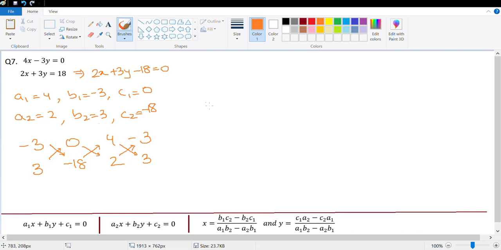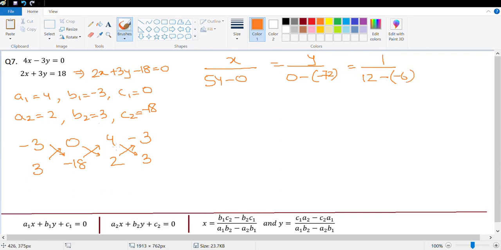When I cross multiply, I get x upon negative 3 into negative 18, that's 54. 3 into 0, that's 0. y upon 0 into 2, that's 0. Minus 18, negative 18 into 4, that's negative 72, which is equal to 1 upon 4 into 3, 12, minus 2 into negative 3, that's negative 6.